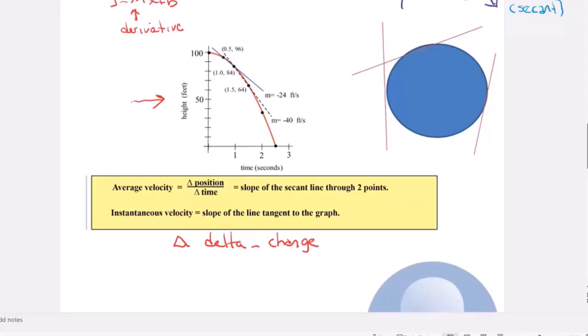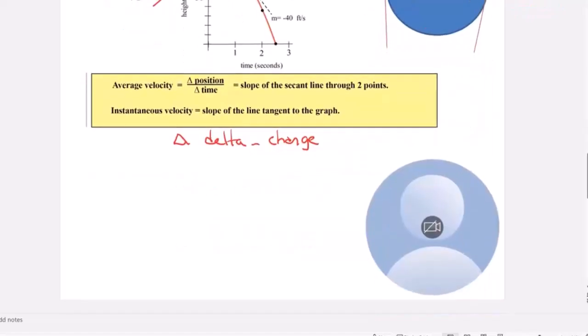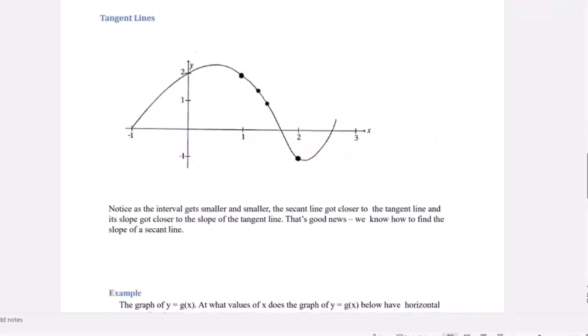So here we have the average velocity is equal to the change in position divided by the change in time, which is the slope of the secant line through 2 points, exactly what we said. Instantaneous velocity is the slope of the line tangent to the graph, which is what we have said. Here, what we're going to do is connect dots.